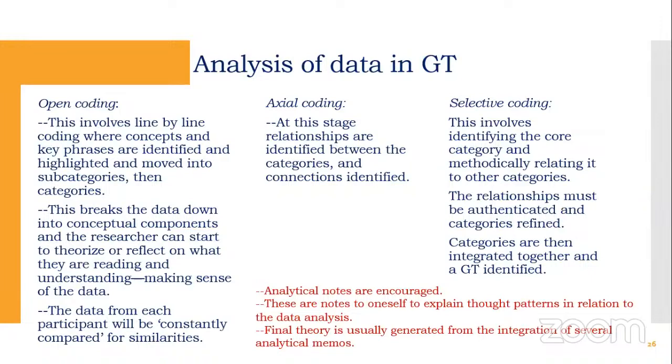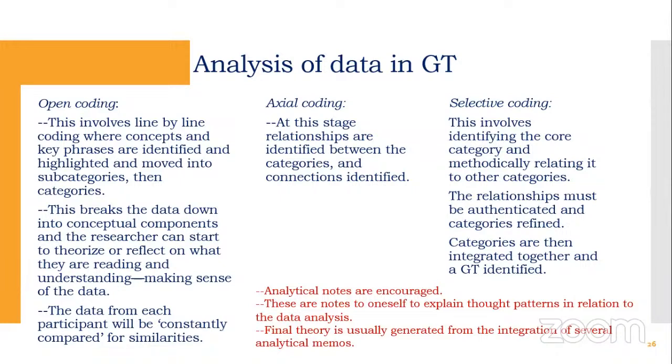Coding, this part again I will mention here, although we have already discussed it in our previous class, that is how coding is done in the grounded theory approach. So here also we follow open coding, axial coding, and selective coding. Open coding involves line-by-line coding where concepts and key phrases are identified and highlighted and moved into subcategories, then categories.